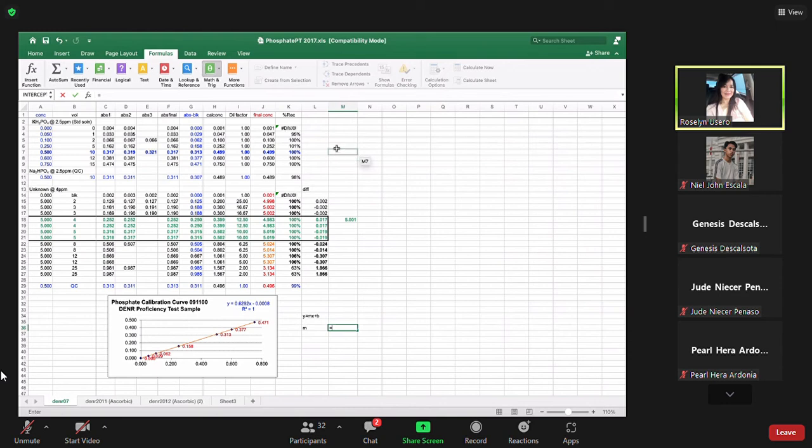Go to stat. Statistics. So you get the slope.